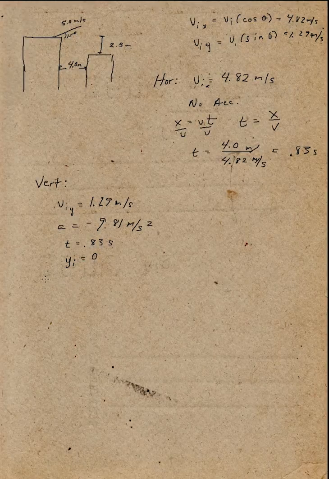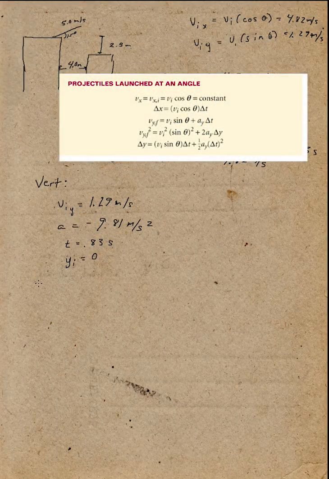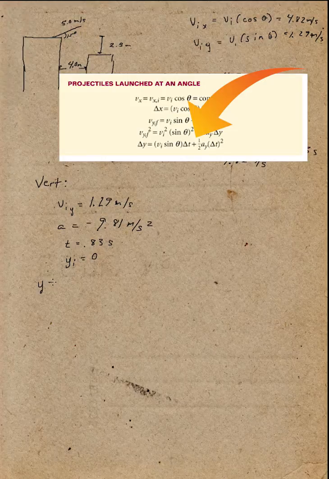If you look at the formulas you have on page 99 in your text, and also on the sheet that I gave you for projectile motion, you will see that we have a formula that allows us to find y, which is our up and down direction. It says y is equal to our initial y plus our initial velocity times time plus 1/2 our acceleration times the time squared.